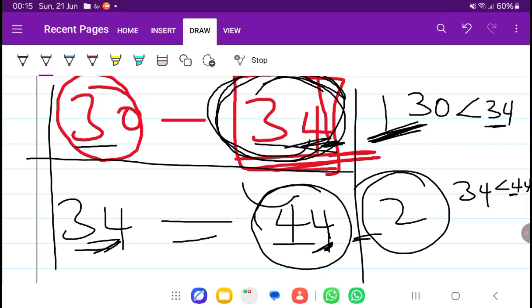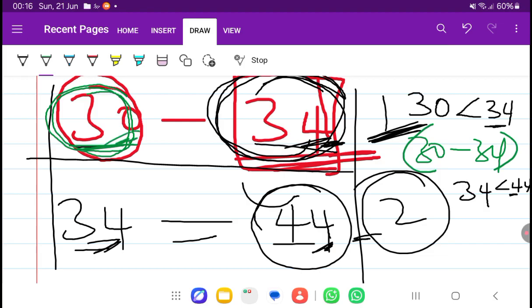You see, this 30 is the smallest value that could go in this class of 30 to 34. But this 34 is the highest in this class.